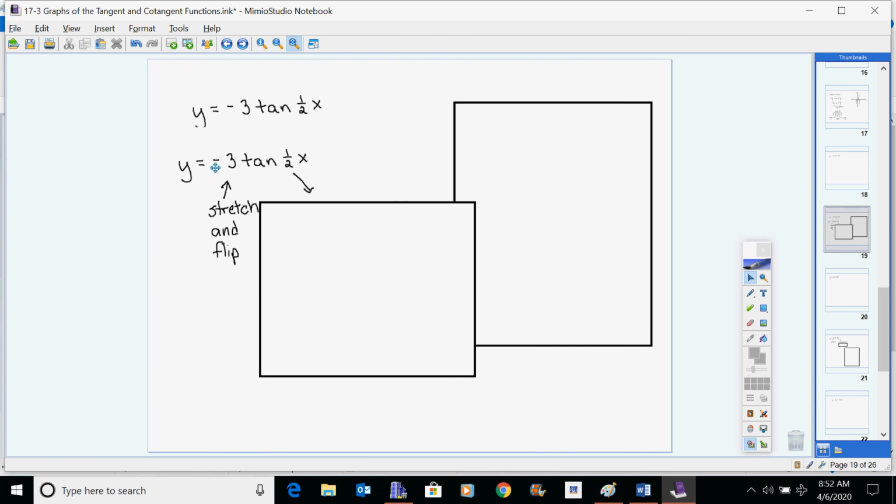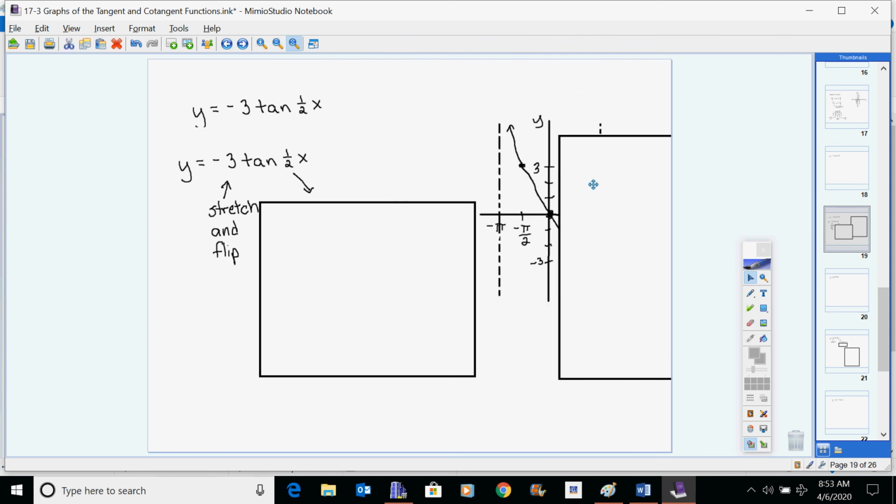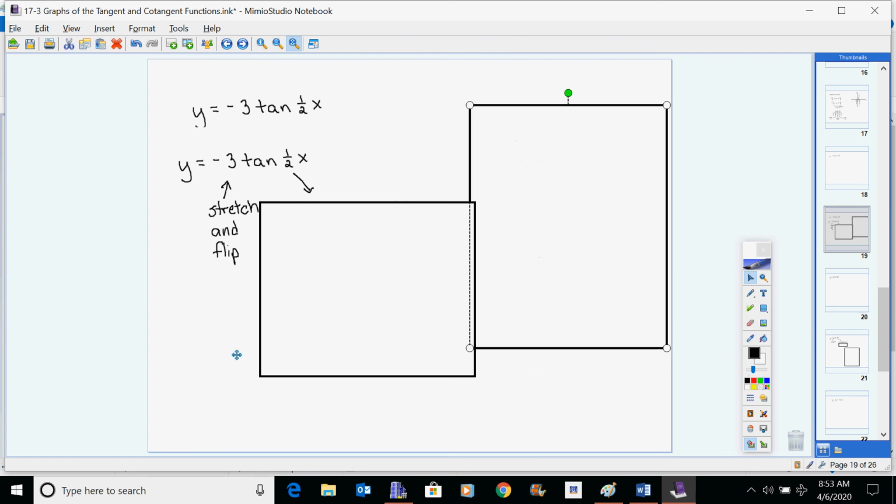This negative means that it turns over and goes to the opposite of where it would be. Remember, our standard normal tangent is going from down to up. Okay? But when you need to flip that thing over, it's going to be going from up to down, because you're taking your standard tangent that goes from down to up, and we're going to be flipping it over so that it goes up to down.